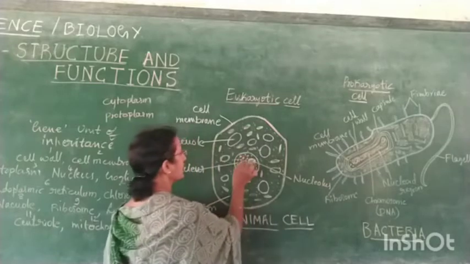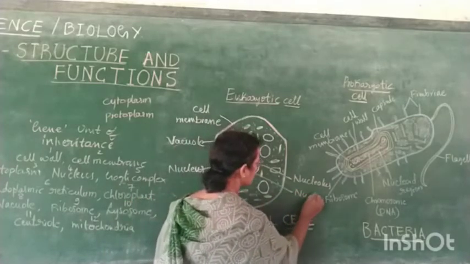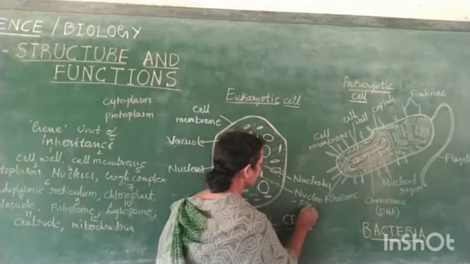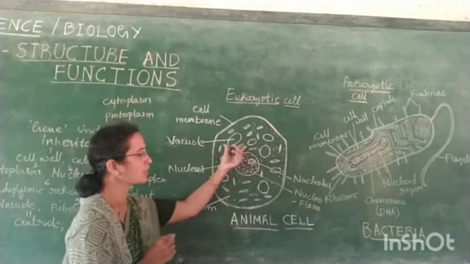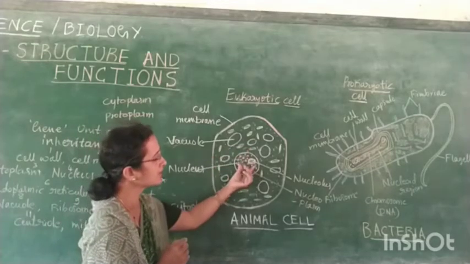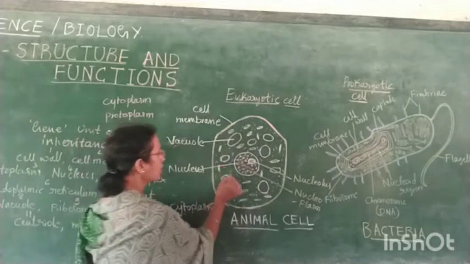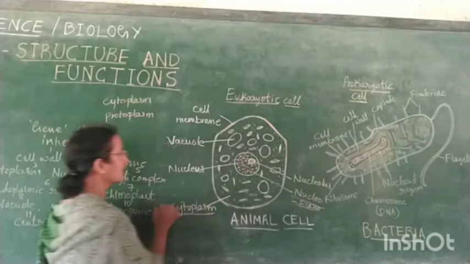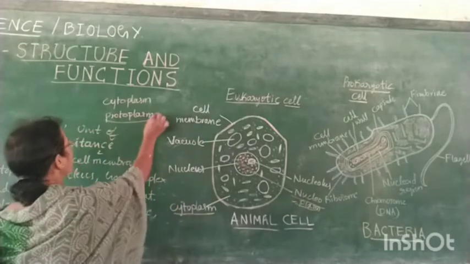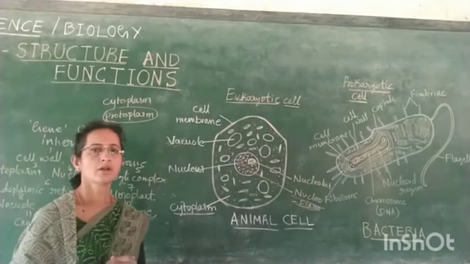And you find here also a substance called nucleoplasm. Outside the nucleus you have cytoplasm, whereas inside the nucleus you have nucleoplasm. Both the cytoplasm and nucleoplasm together form the protoplasm. Hope you have understood this.